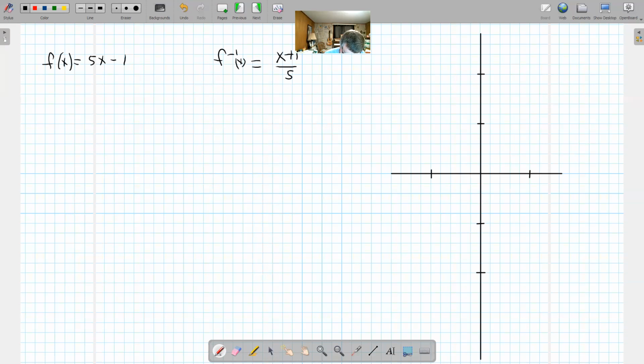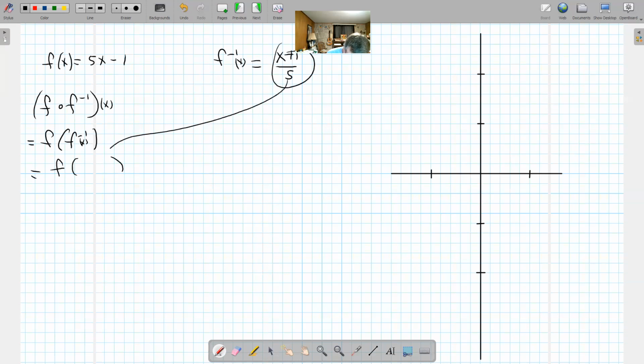So let's take f composed with f inverse of x. That's going to be f of f inverse of x, which is f of that x plus 1 over 5.